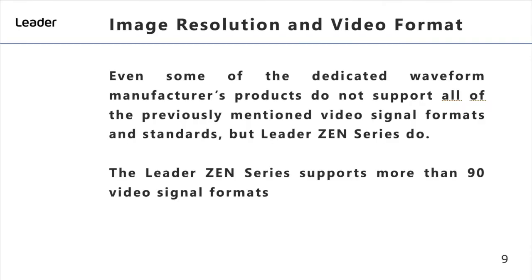So even some dedicated waveform manufacturers' products do not support all of the previously mentioned video signal formats and standards, but the LEADER Zen series do. The LEADER Zen series supports more than 90 video signal formats.